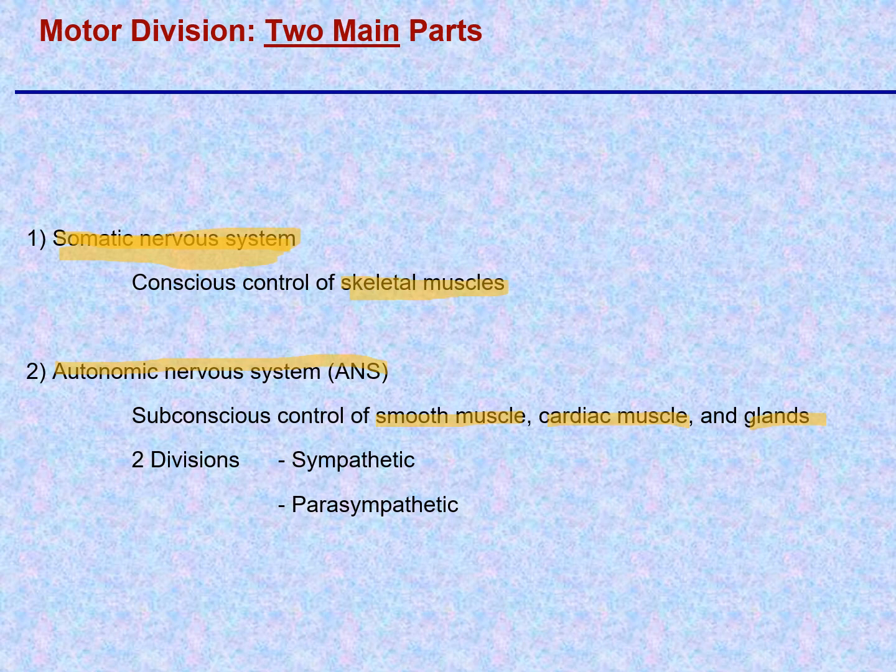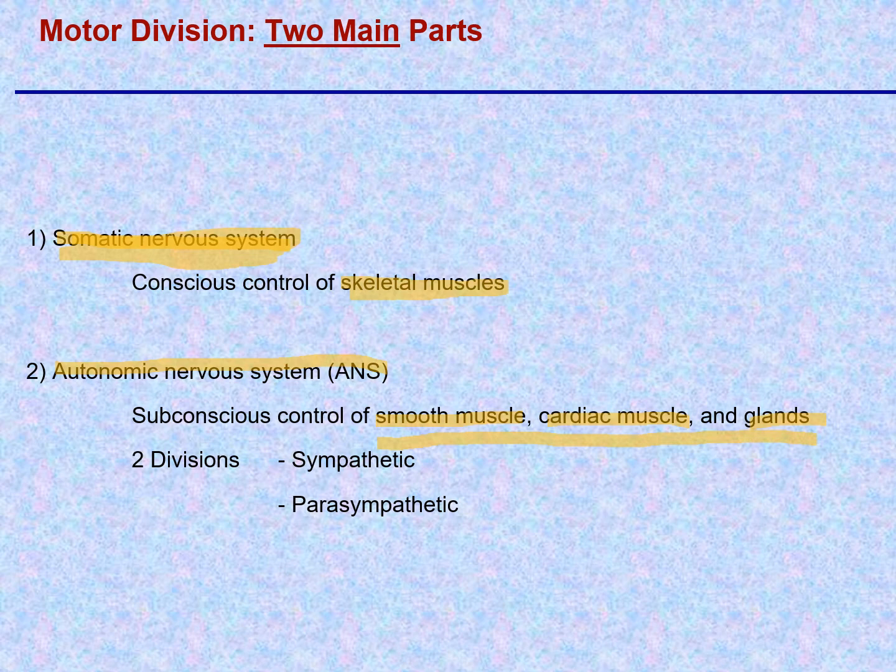If it's subconscious, it's happening, but you're not overtly aware of it in any way. Then it's an autonomic nervous system output of signal going to smooth muscle, cardiac muscle, or glands. All right, those three types of involuntarily, subconsciously controlled tissues.